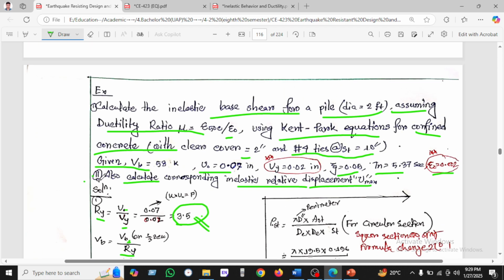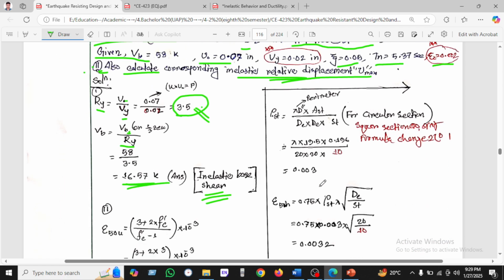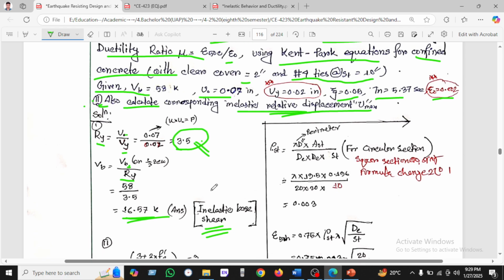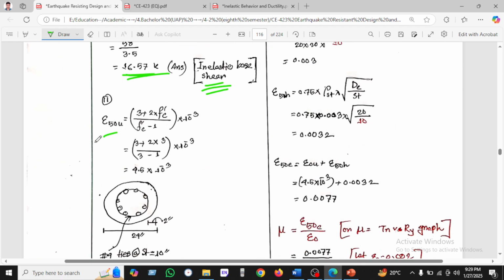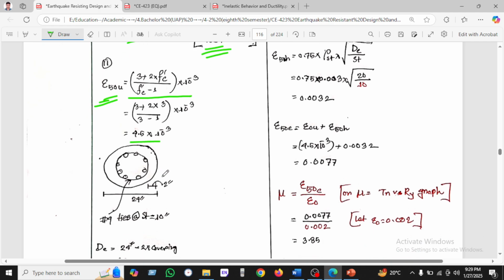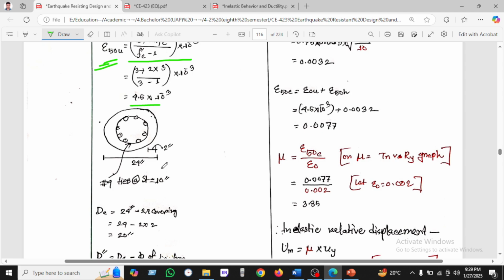Number two, we can also calculate the corresponding relative inelastic displacement. Then we can use strain 50 unconfined using this formula, and found 4.5 10 to the minus 3. These are all the given data.